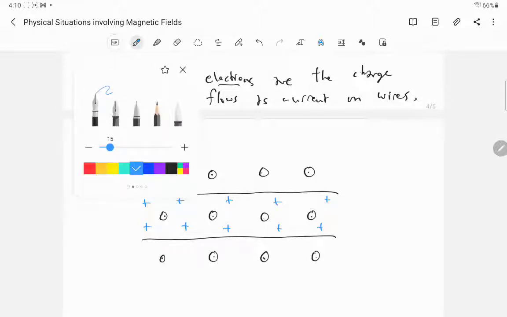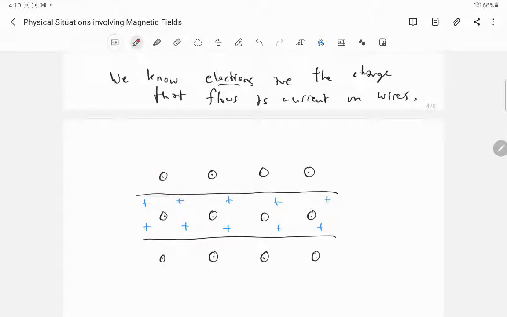And with little minus signs, I'm going to indicate the electrons. So every plus has a minus because this wire is not electrically charged, although there is electric charge in it. And these little negative charges are actually moving towards the left. So I'll just draw a few of them.